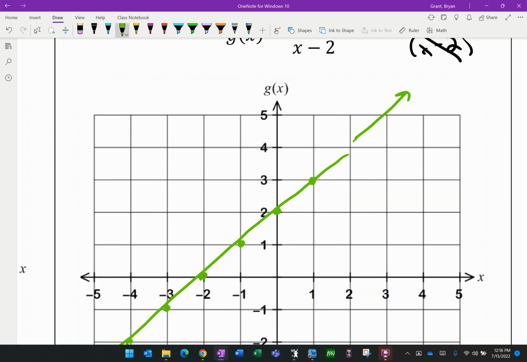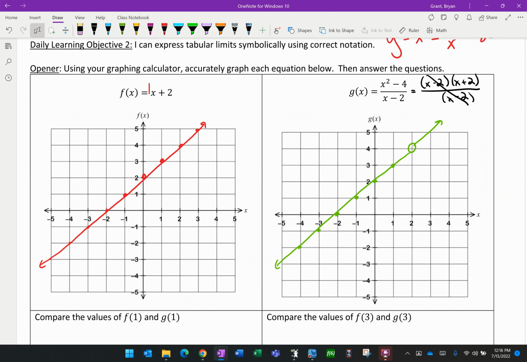These two pieces are unconnected. So if you're walking along this graph, right at this point you'd have to jump over the hole and then continue on. Or if you were drawing it, you'd have to pick up your pencil. Now again, we put this open circle here to make it very apparent that there is that gap, but there's no actual circle on our graph.